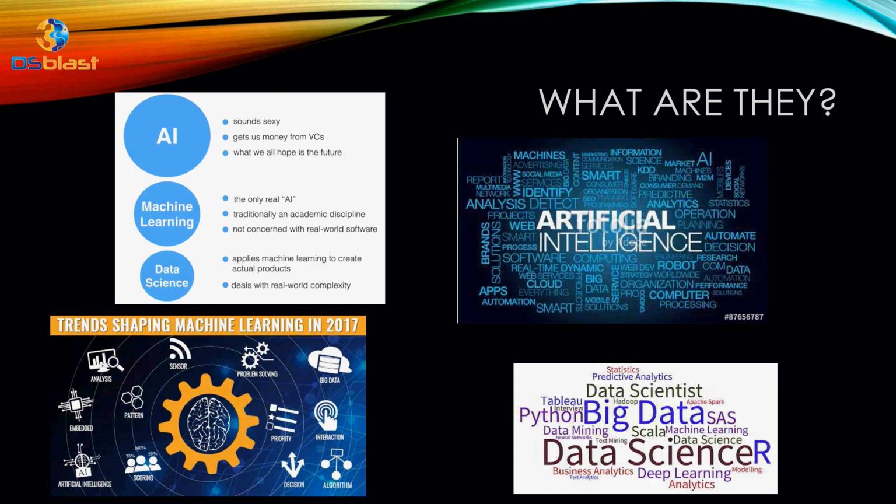So that's the relationship between data science, machine learning, and AI. Then I have some word cloud on the right side of my slide. It shows what big data or data science is about. It's mostly related to machine learning, data mining, and programming languages like Python and R, some BI tools like Tableau, and also big data platforms like Hadoop and Apache Spark.